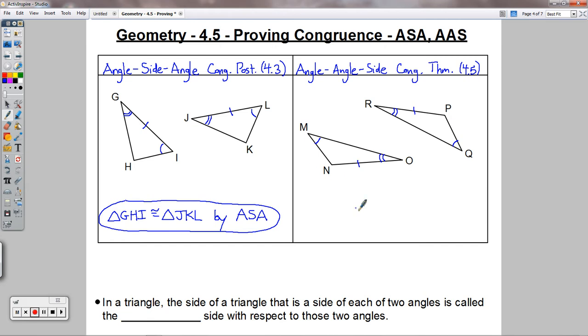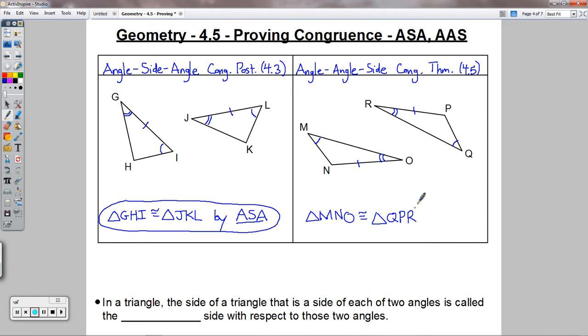So angle, side, angle. And this one over here, we would have triangle MNO. Now these may or may not be in alphabetical order. Let's see. MNO, that'd be one arc mark to none to two. So we have to go 1 to none to 2. So this one's not in alphabetical order.